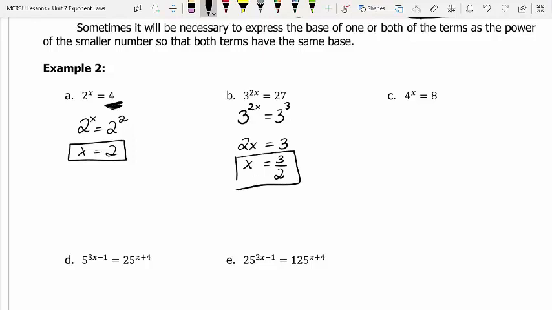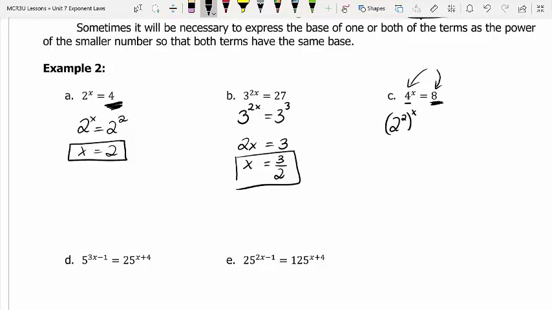4 to the power of x equals 8. We don't have like bases, so we can't convert 8 into an exponent with base 4. So instead, let's convert both sides of the equation into exponents with a base of 2. So 4 is the same as 2 to the power of 2, so I'm going to replace the 4 with 2 to the power of 2.